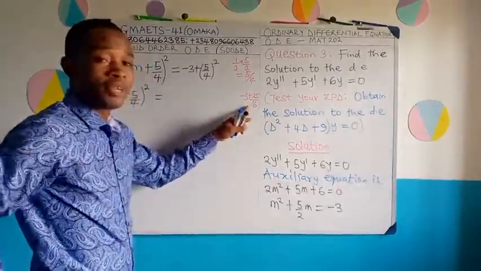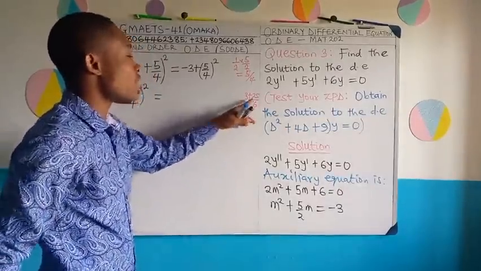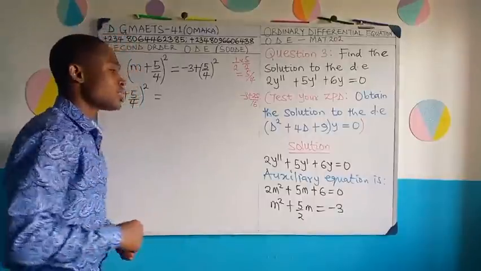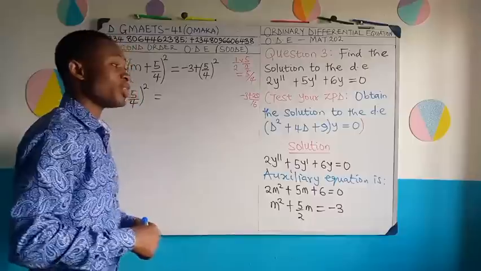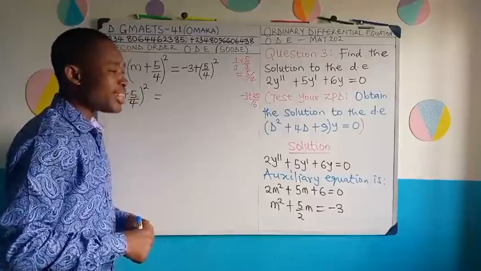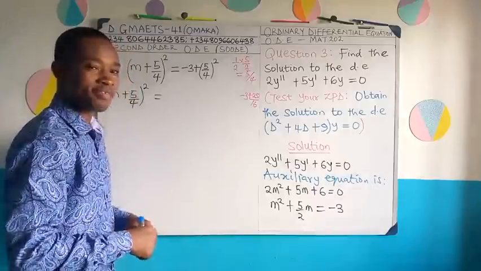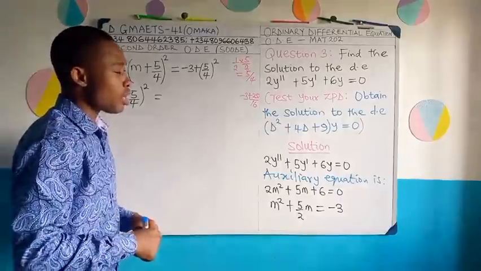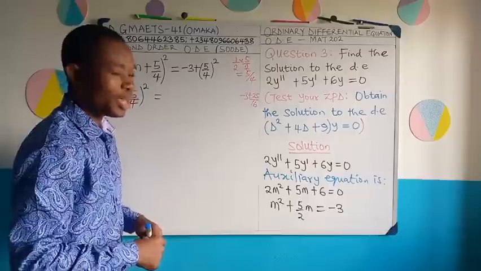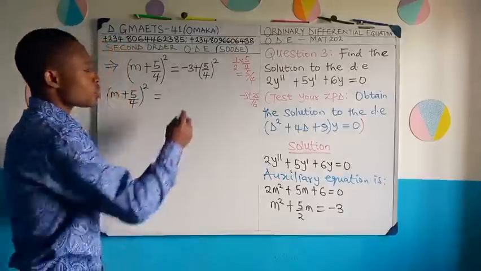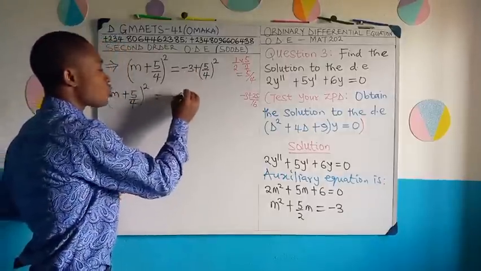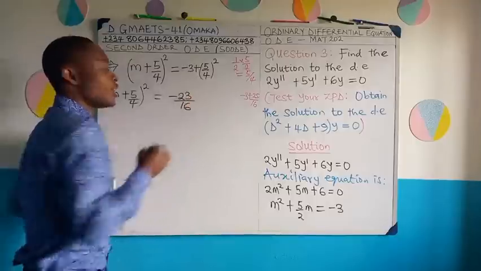So the LCM is going to be 16 times minus 3, add it to 25. 16 times minus 3 is going to give us minus 48. Minus 48 added to plus 25 is going to give us minus 23. So this whole term is minus 23 all over 16.